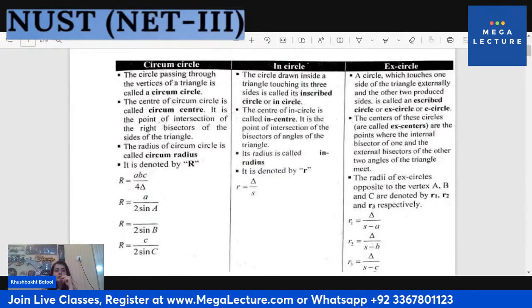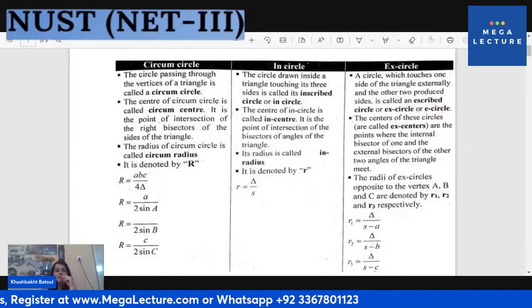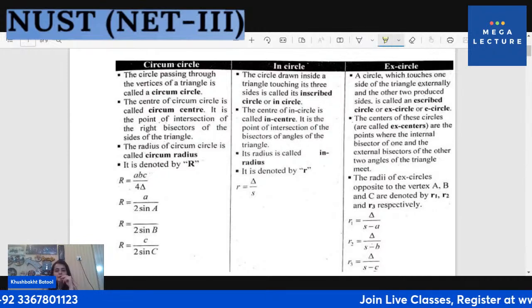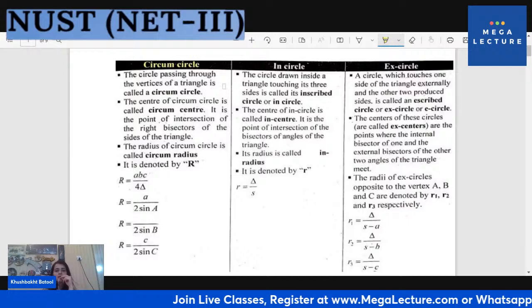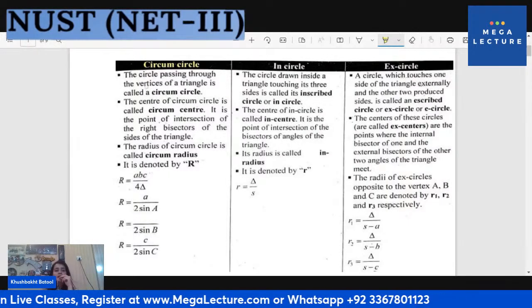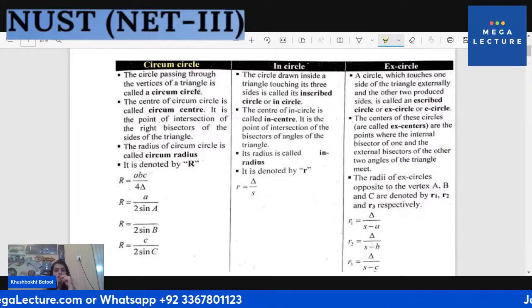So let's talk about the very first thing, that is circumcircle. Once we are done with this, I'll show you the shapes and then things would become very clear. The circle passing through the vertices of a triangle is called a circumcircle.